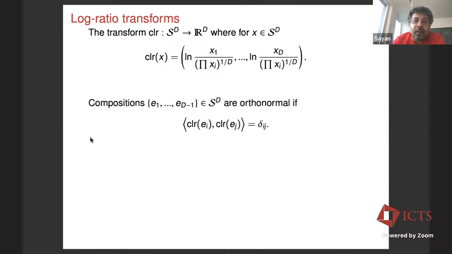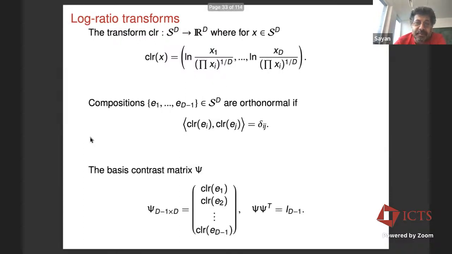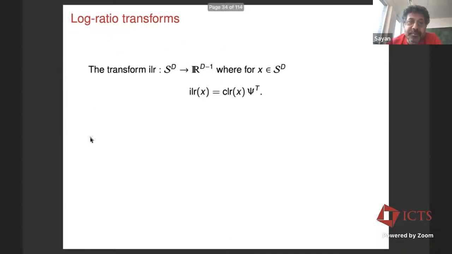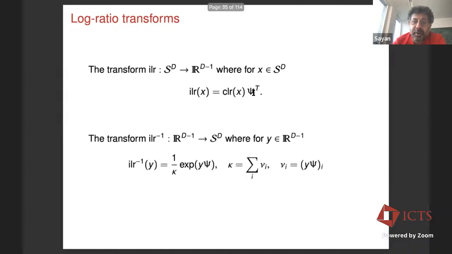Now the compositions are normal if the CLR coordinates from one coordinate to another are independent. And there's something called the basis contrast matrix, and I'll come back to this in a second. There's another form of transform, which is called the ILR transform, where you take the CLR transform and you weight it by a matrix.